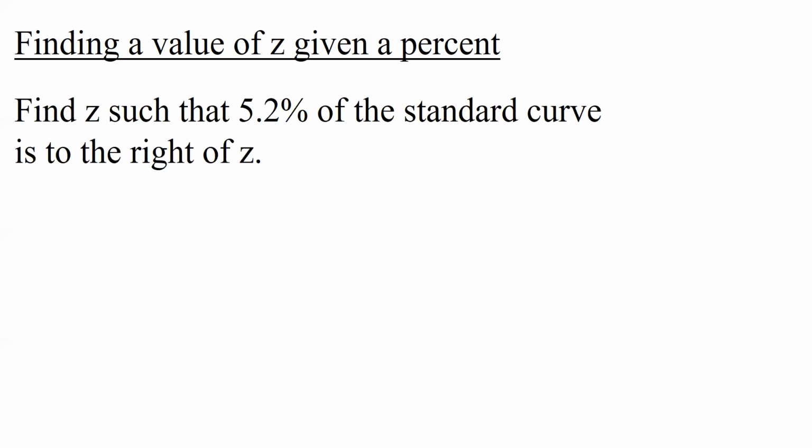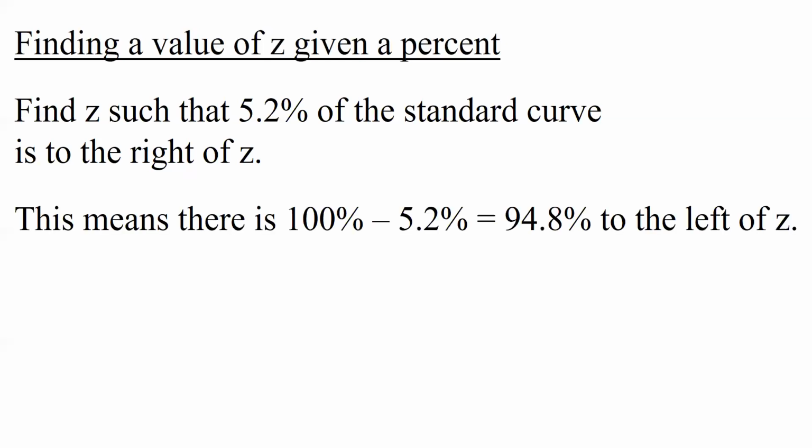So find a z such that 5.2% of the standard curve is to the right of the z value. Again, those tables don't work for going right, they work for going left. So what we're going to do is ask, what's to the left of there? If they want me to say 5.2 to the right, what's to the left?